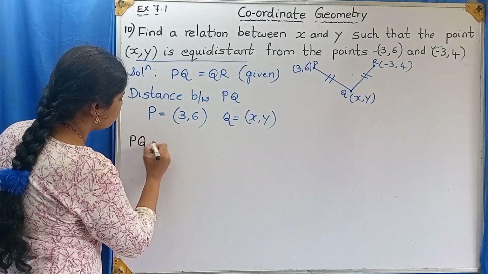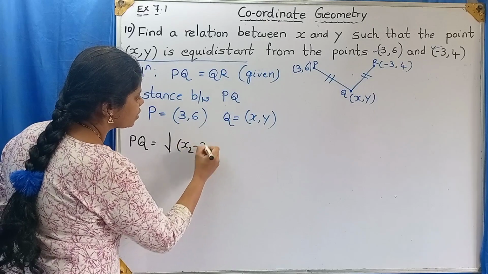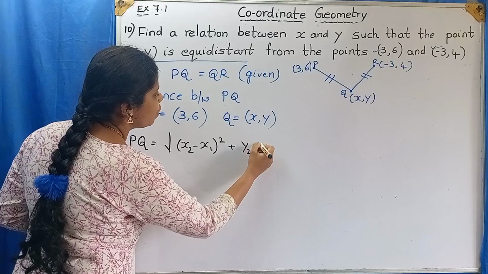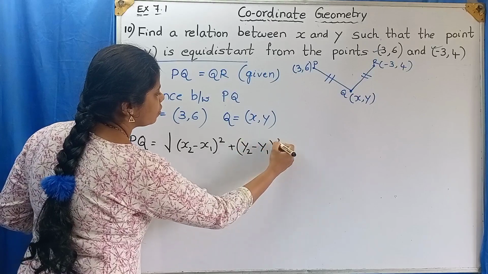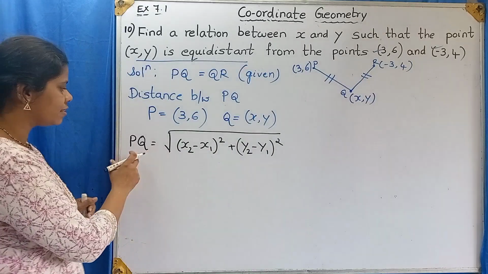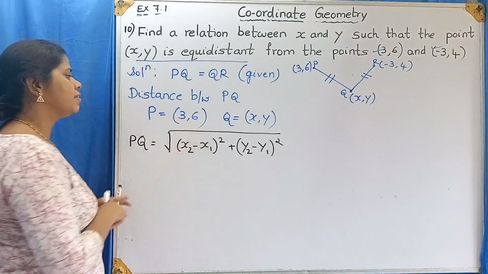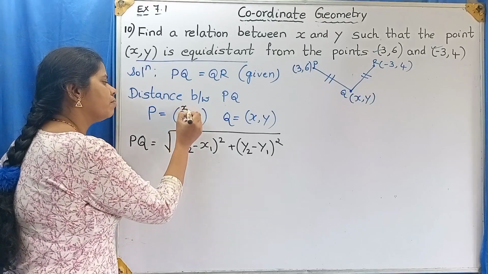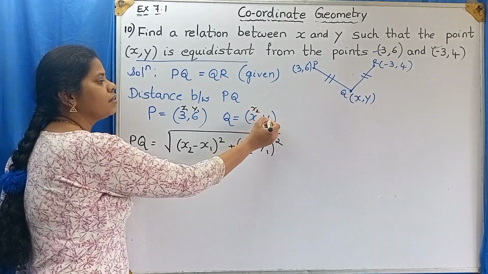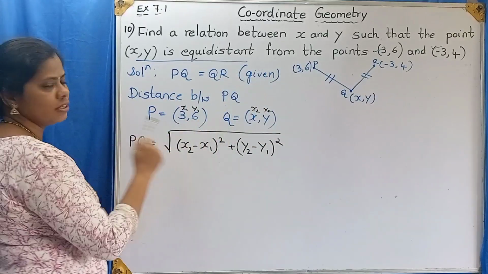PQ is equal to square root of (x2 minus x1) the whole square plus (y2 minus y1) the whole square. This is the formula to find the distance between two points. This is our x1, this is our y1, this is our x2 and this is our y2. Let us substitute these values here.